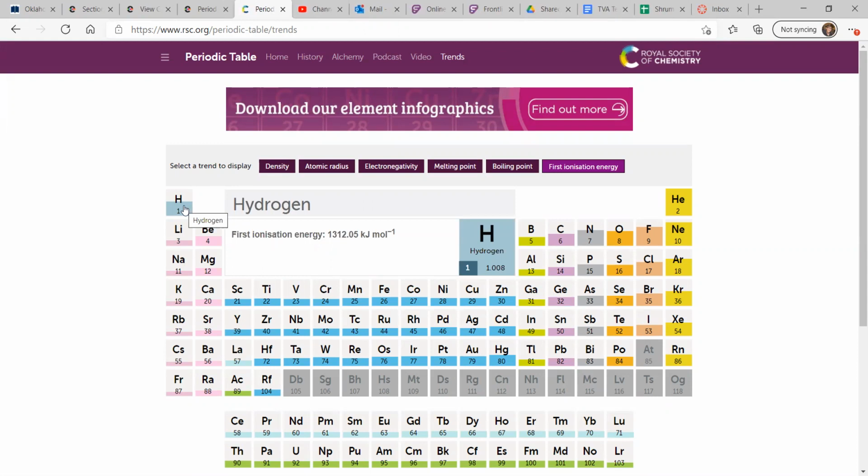So we have 1,312 kilojoules per mole, 520 kilojoules per mole, 495 kilojoules per mole, 418, 403, 375, 392.